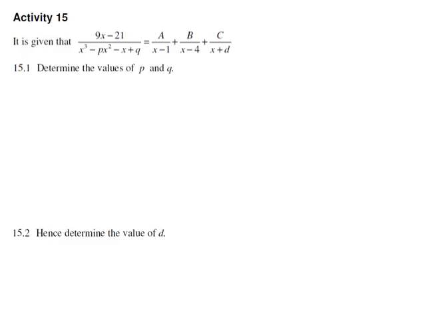So, what can we do to determine the values of p and q? Well, if we look at our fraction and we assume that we can decompose the fraction (9x minus 21) over (x cubed minus px squared minus x plus q) into the three fractions A over (x minus 1), B over (x minus 4), and C over (x plus d), it implies that x minus 1 and x minus 4 are factors of x cubed minus px squared minus x plus q.